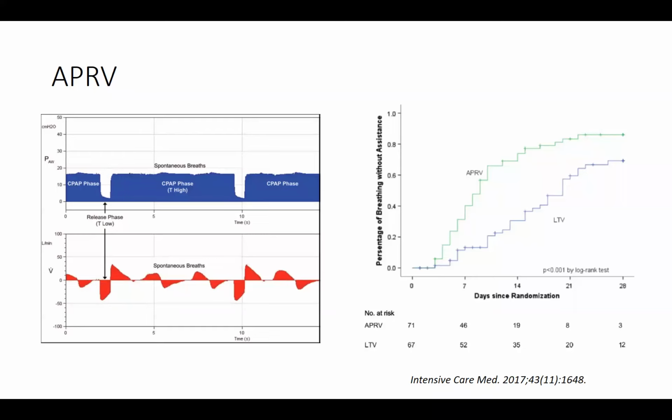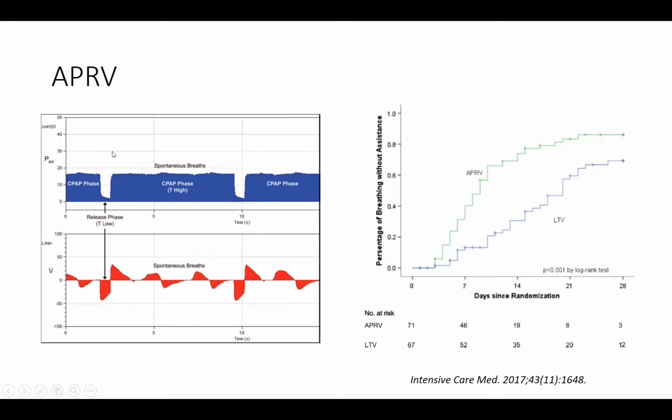These releases will result in a breath, because when you release the pressure, that results in an exhalation, and then you build it up again. So that results in some ventilation that way. The patient is not paralyzed, they're not deeply sedated, so they're still breathing spontaneously on top of that. So they get their ventilation in two ways, by these pressure releases and by their spontaneous breaths.